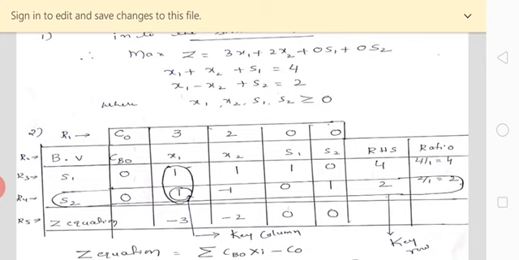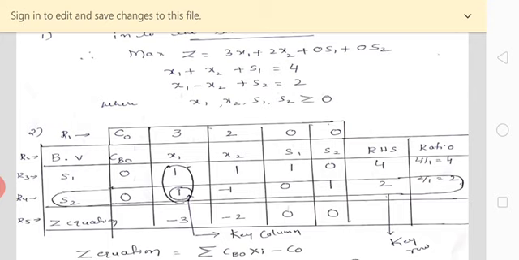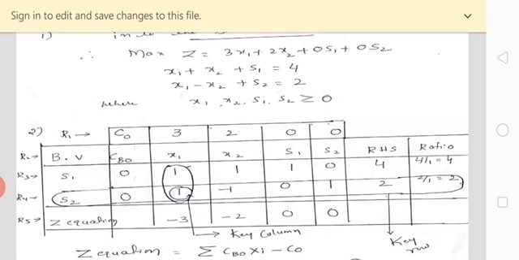Along row 3 I have written s1, whose value will be 0. For the first constraint, the x1 coefficient will be 1. Similarly for x2 the coefficient will be 1, the s1 coefficient will be 1 and s2 will be 0.